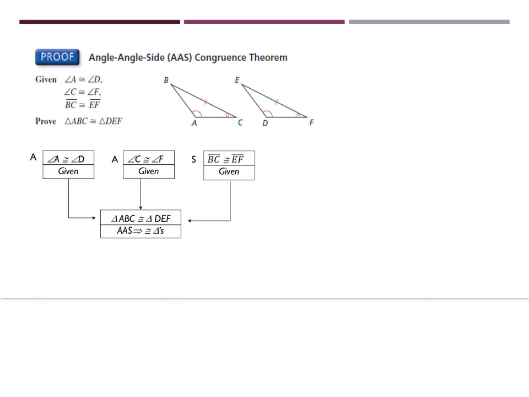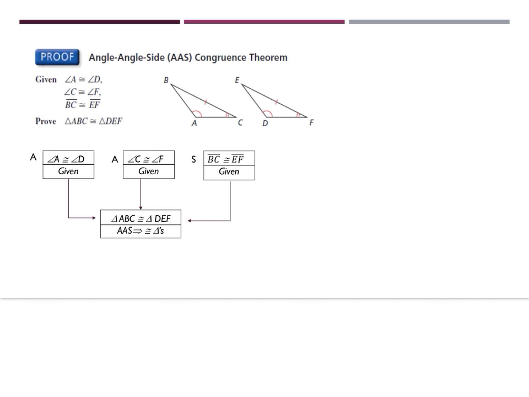All right, so take some time to copy down this proof. It's an angle-angle-side congruence theorem. You're given that angle A is congruent to angle D, angle C is congruent to angle F, as marked on the picture, and a non-included side, which is BC, congruent to EF.